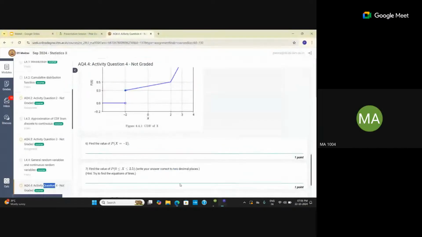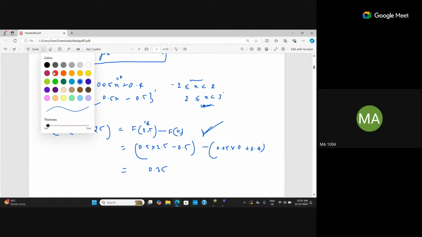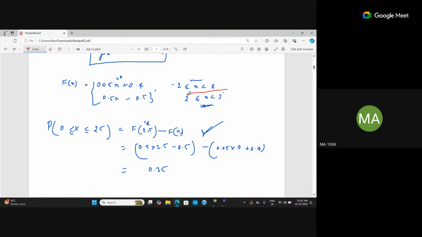See what I have done in this step. First of all, are you clear with this line? Yes, ma'am. Okay. So you have to find the CDF at point 2.5, right? 2.5 will lie in this interval, where x is greater than or equal to 2 and less than 3.